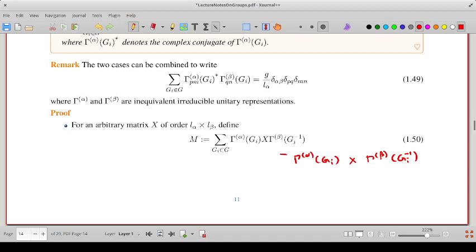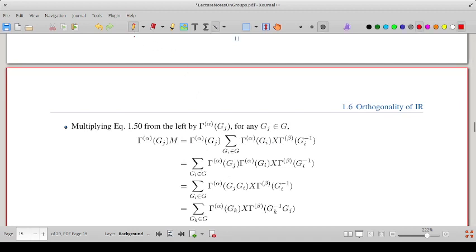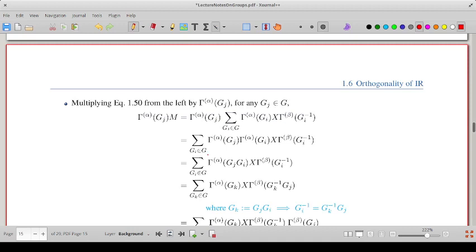Now we consider summation of this quantity over all elements Gi of the group, and the resulting L alpha by L beta matrix will be called M, and that is what we have defined here. Now we multiply this matrix M from the left with gamma alpha Gj.